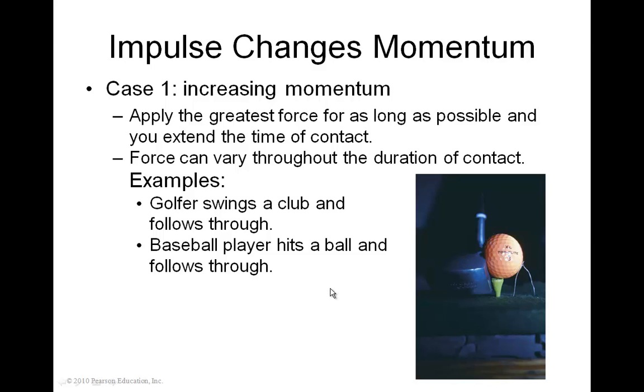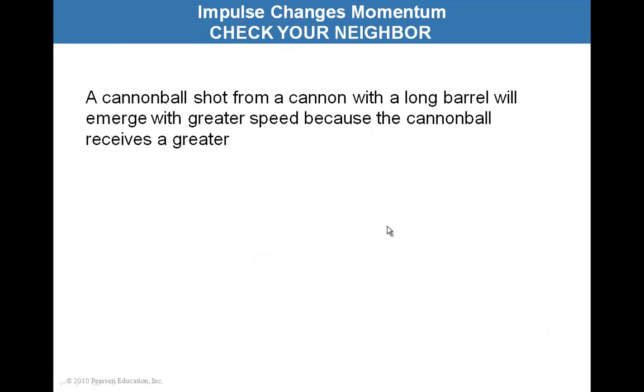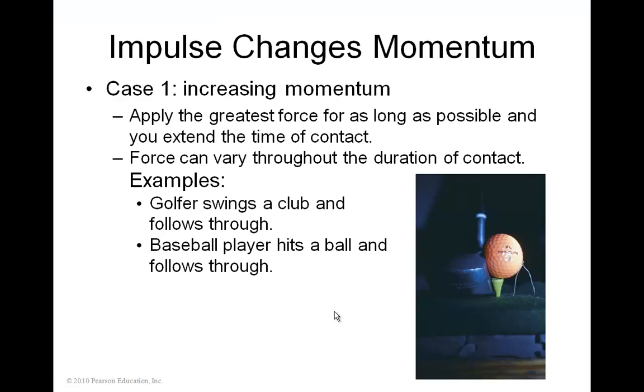Okay, so let's look at this example. A cannonball shot from a cannon with a long barrel will emerge with greater speed. So we have a long barrel. Why would it emerge with greater speed? Well, let's think about what we just said about momentum. We said we want the greatest force for as long as possible.